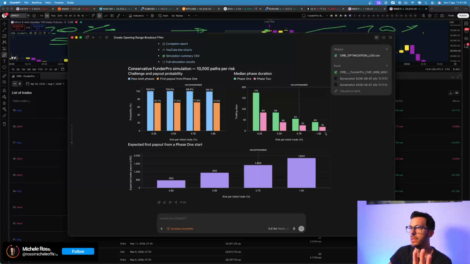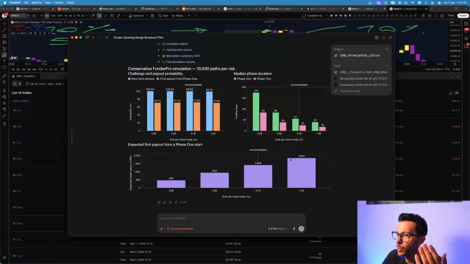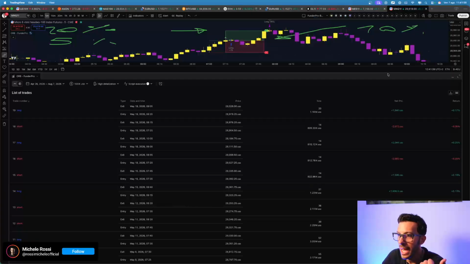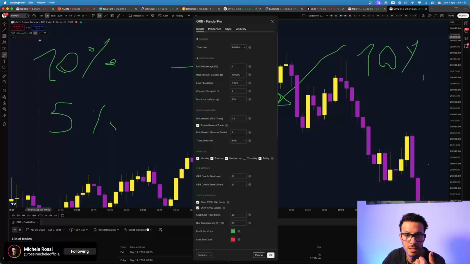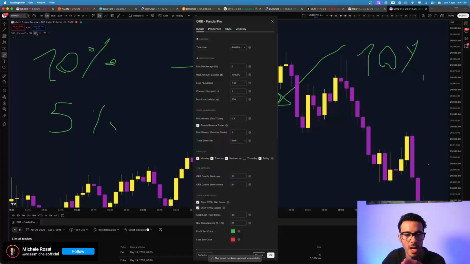So, what do I do once Codex identifies the most reasonable risk levels, say we set 0.75? I return to TradingView. I enter that risk value into the strategy panel right here. This is also on MNQ, but we don't care.